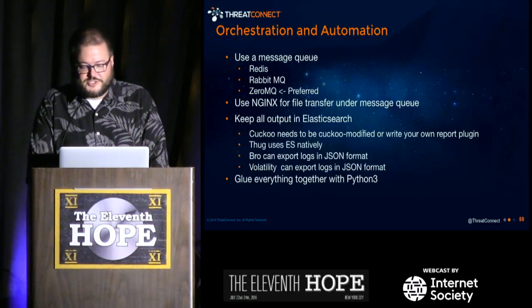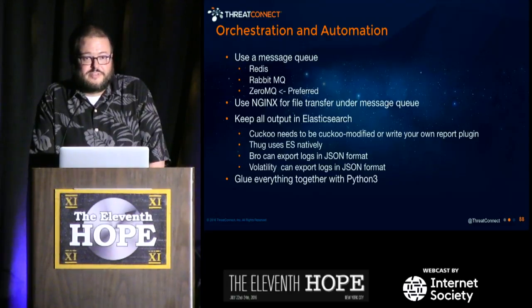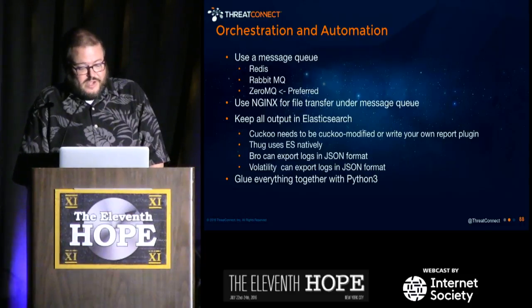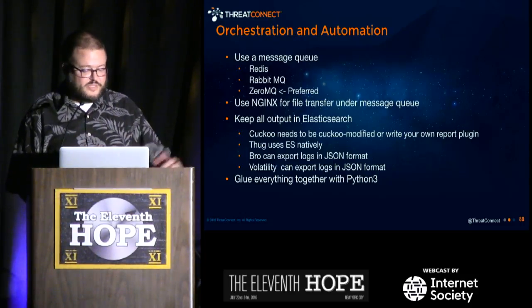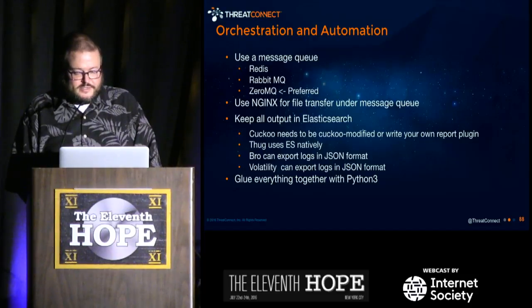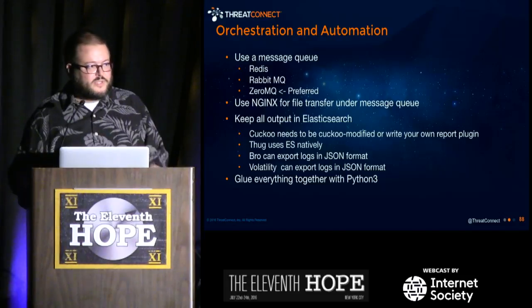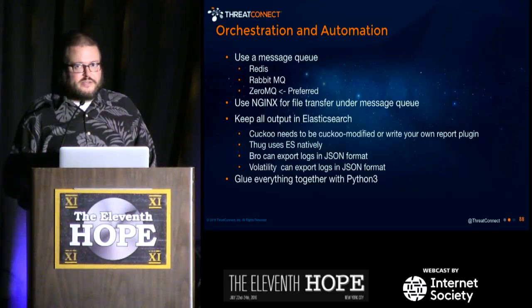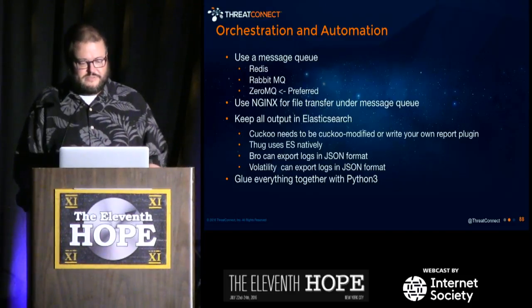For orchestration and automation, it's up to you what flavor of message queue you like: Redis, RabbitMQ. I use 0MQ because it's awesome. And then there's the concept of hitting your head against a brick wall. In one of my other projects, Plague Scanner, I ran into the brick wall of using 0MQ to transmit files.